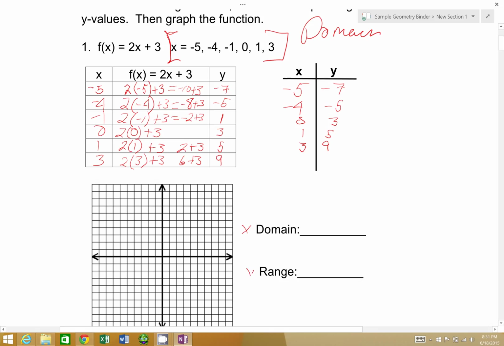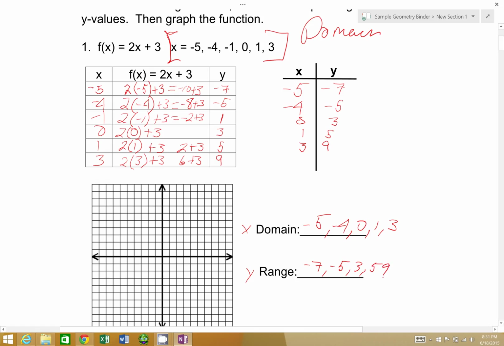Range is my y. So my domain includes the values -5, -4, 0, 1, and 3. My range contains the values -7, -5, 3, 5, and 9.